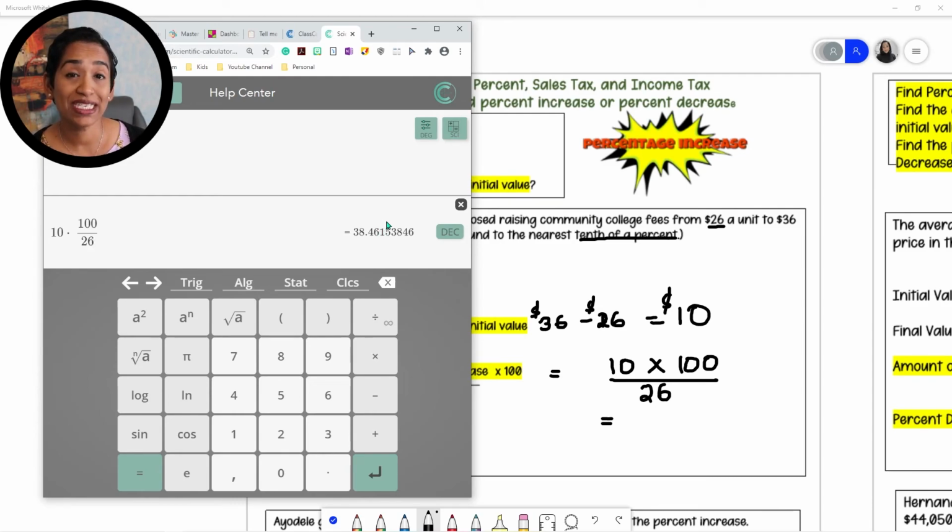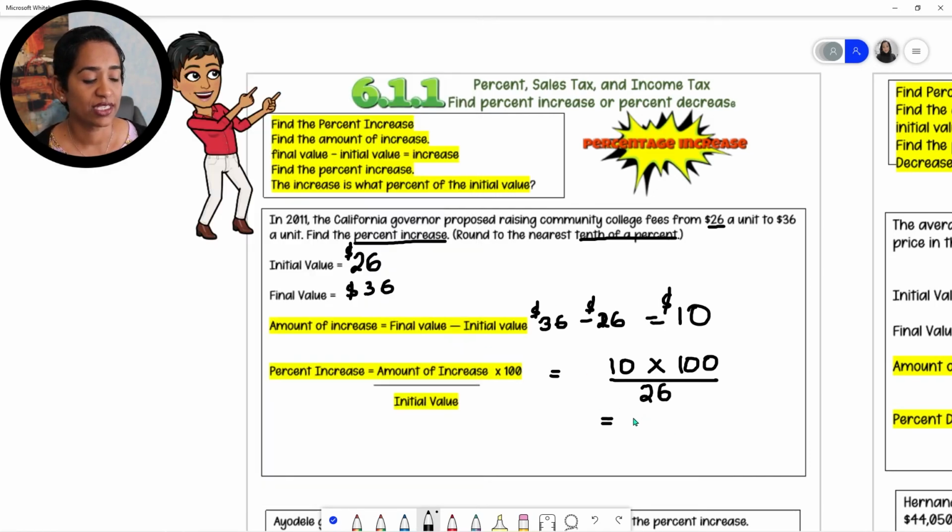Rounding to the tenth place, the tenth is one decimal, so 38.5 is the percentage. Remember, I always round off. They're asking me to round it to the tenth place because this is a 6, this 4 now becomes a 5. So it is 38.5 percent.